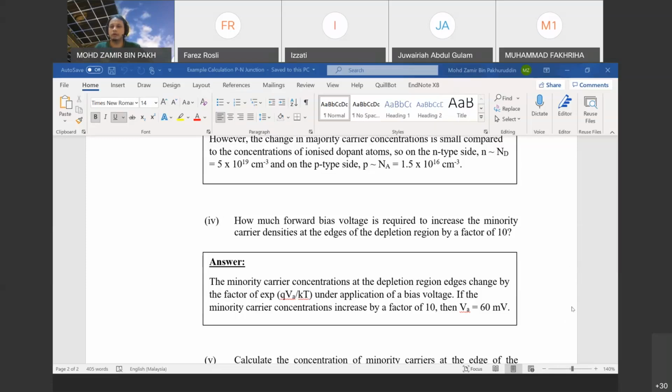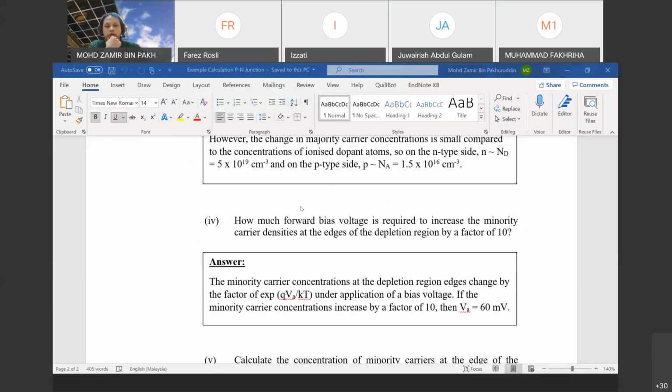How about Go, did you get it? Did you get 60 millivolt? Oh, didn't get it. Okay. How about others? Juaria, did you get 60 millivolt? Oh, didn't get it either. Okay, never mind, later I'll give the longer answer.